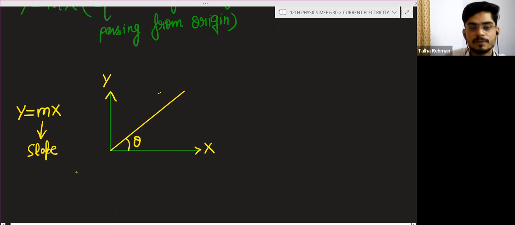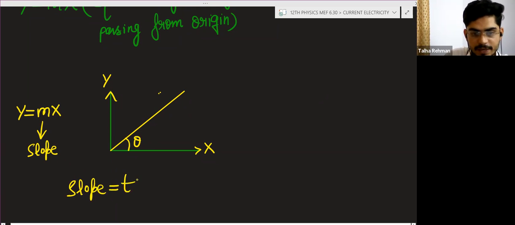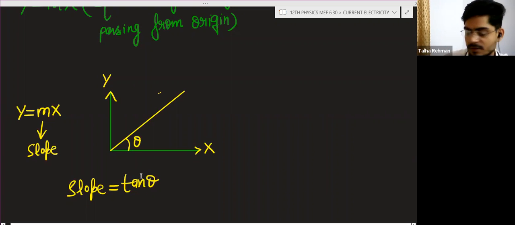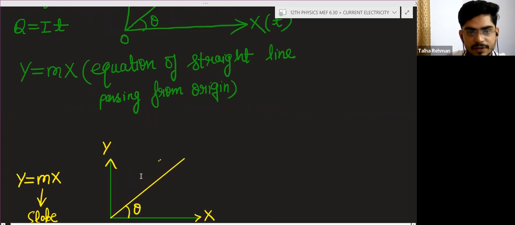This slope is given by tan theta. This is math. The slope is given by tan theta.